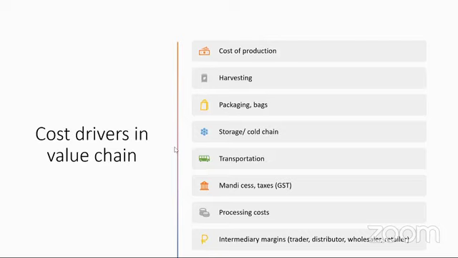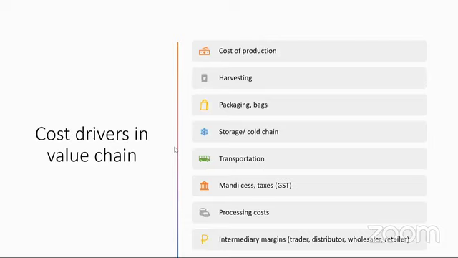Then if he wants to sell it in bags, there is a cost of packaging involved. Then storage. There are farmers who would like to store their produce in warehouses, or even the intermediary, when they purchase the produce, puts it in storage. So there is a cost involved. In the case of horticulture produce, they will be putting it in cold chain infrastructure, which will incur higher cost.